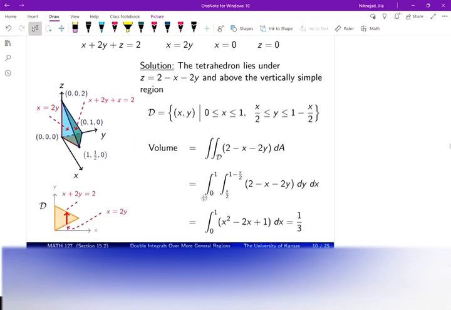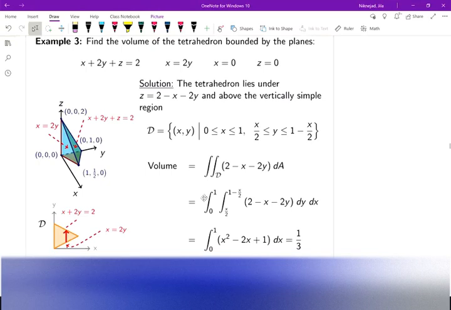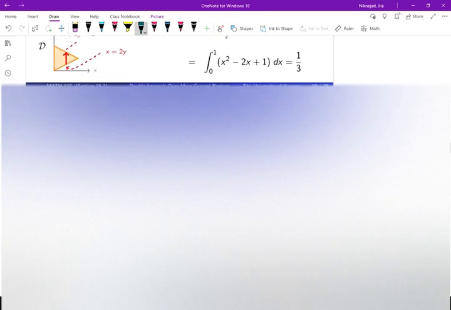And so let me bring up the solution in here. When you simplify, you end up with an integral from 0 to 1 of x squared minus 2x plus 1 dx, and that cleans up to be 1/3.